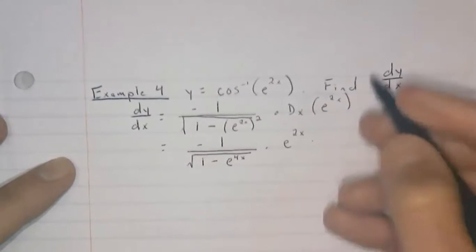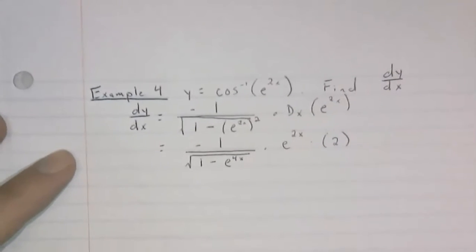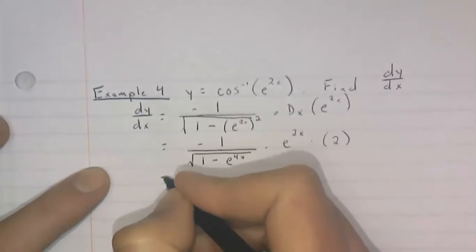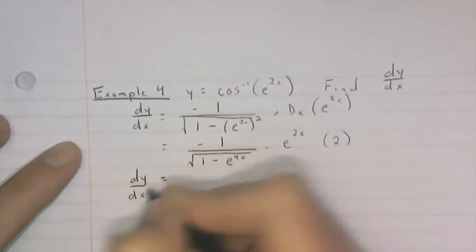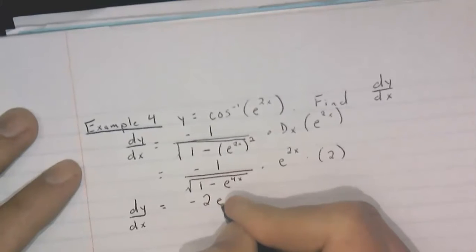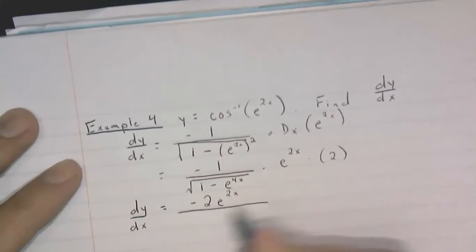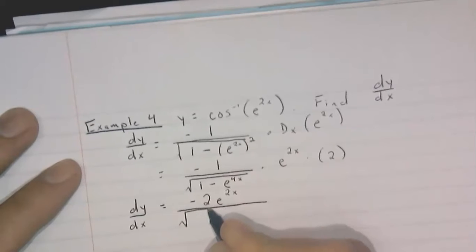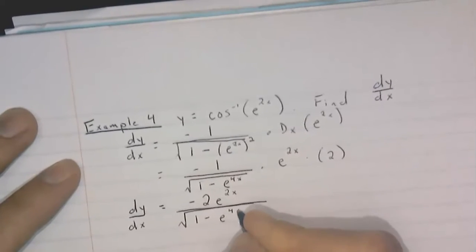The derivative of 2x is 2. And so final answer, dy dx is equal to negative 2 e to the 2x divided by the square root of 1 minus e to the 4x.